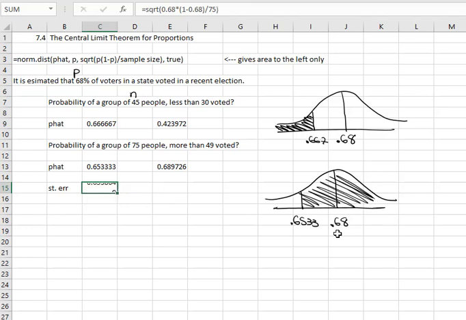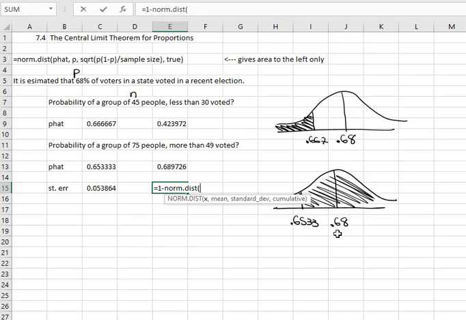Close the parentheses on the square root and we find out the standard error is 0.053864.